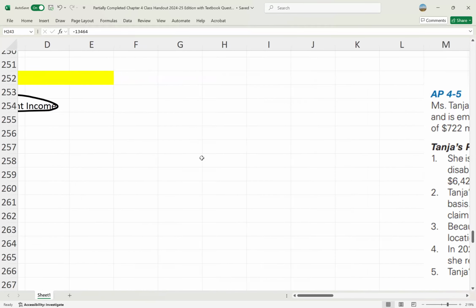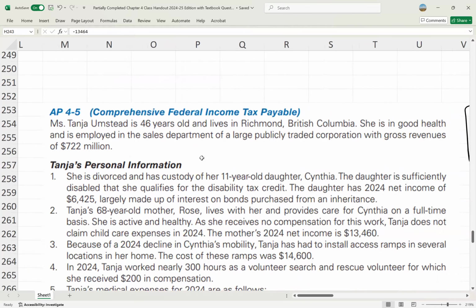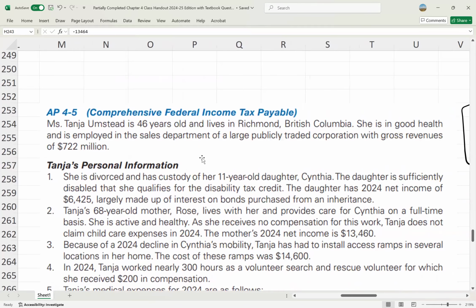So let's just start off with the very first paragraph. Tanya's 46 years old. She's in good health. She works for a large publicly traded corporation that has gross revenues of $722 million.